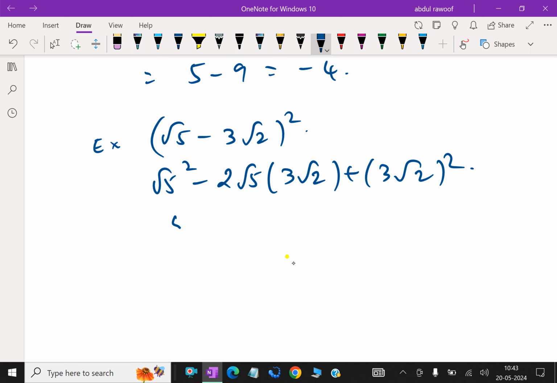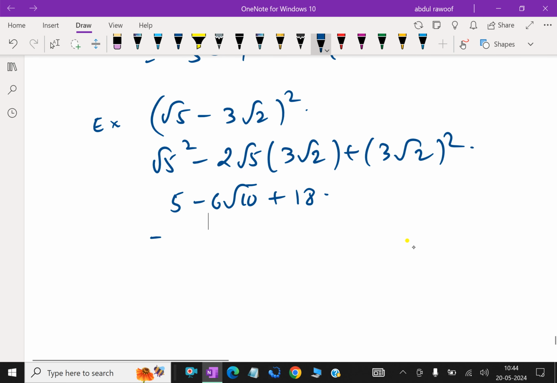Root 5 square is 5, minus 2 into 3 is 6 root 10, because root 5 into root 2 is root 10, then plus root 2 square is 2 and 3 square is 9, so 18. Then further 18 plus 5 is 23, minus 6 root 10.